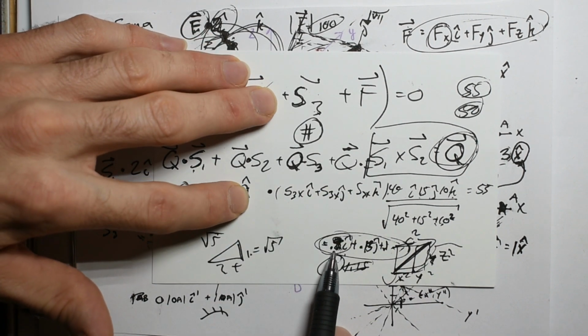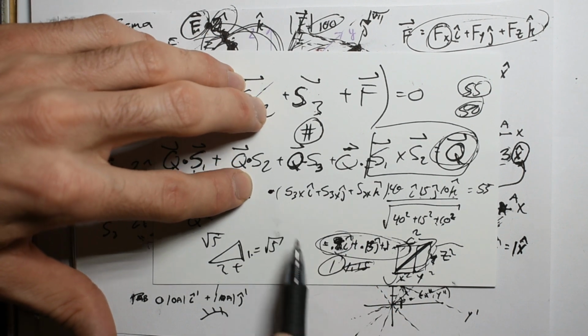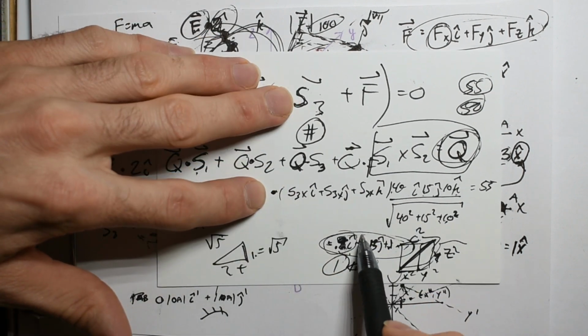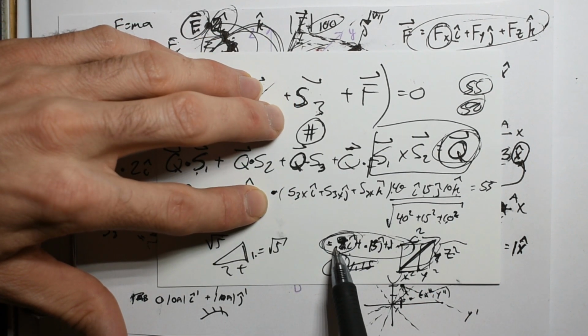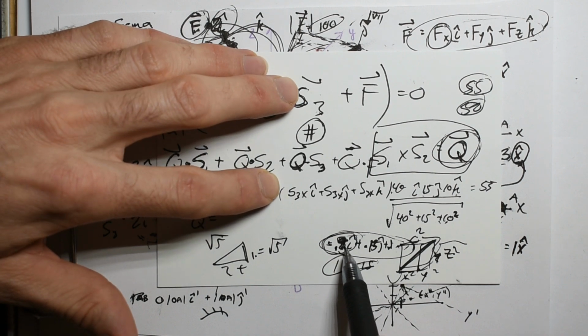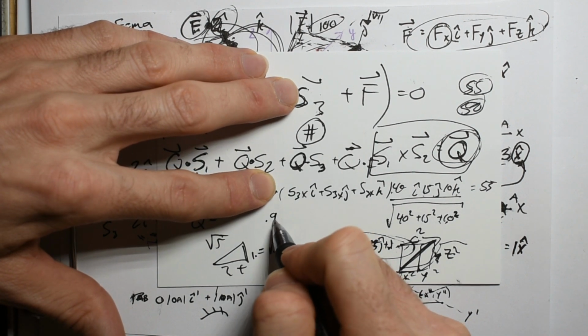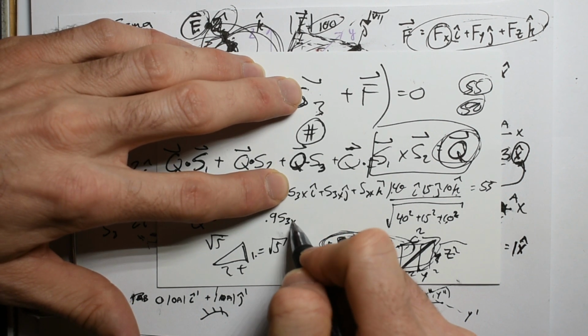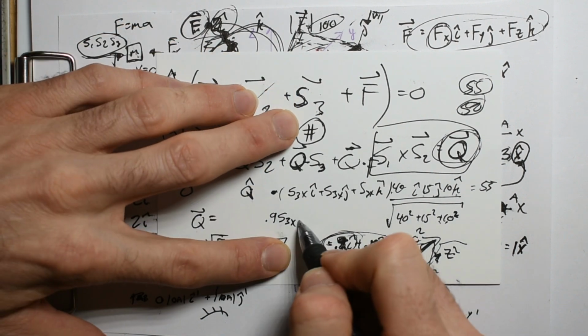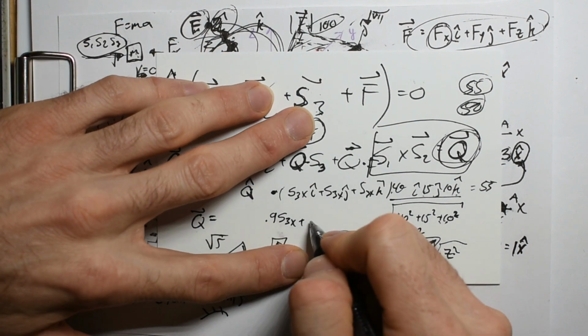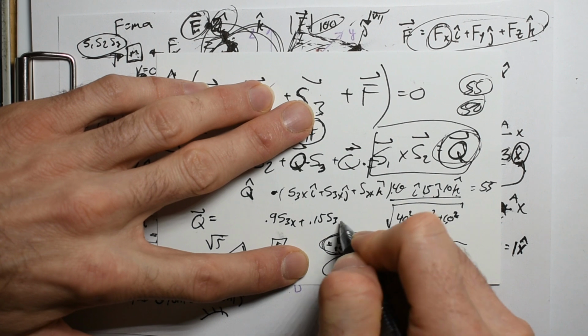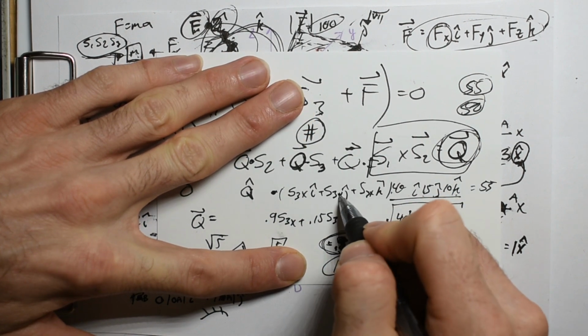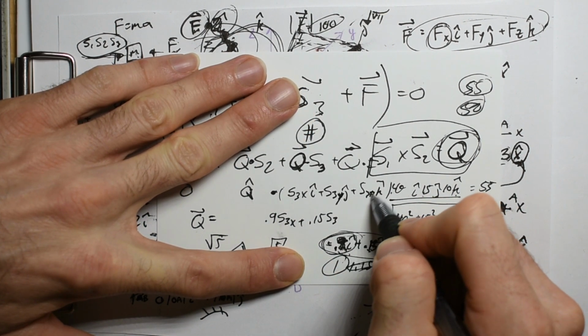And so when doing the dot products, you only multiply like with like. So I have 90%, 0.9 in the i, so I'm going to have 0.9 S3 of x. Cool. And then I'm going to add 0.15 S3 of, and I'm sorry, this is y and this is S3z.